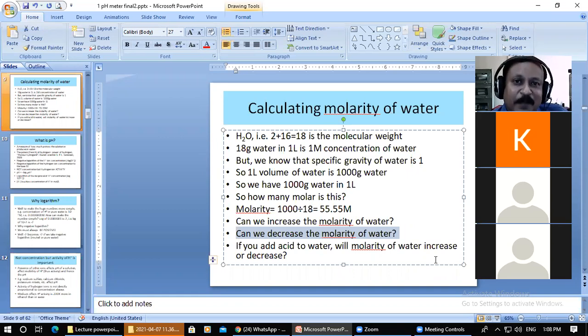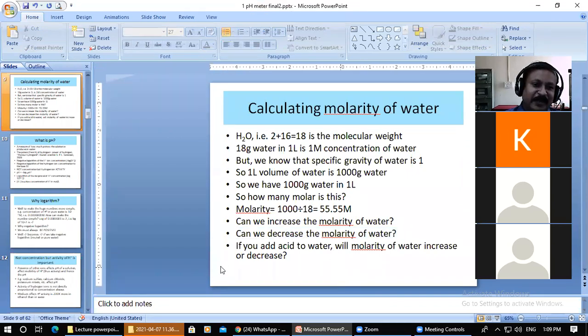If I make the water impure, then it is as good as saying that the water is dilute. So if I add some miscible liquid to water, then water will get diluted, isn't it? And if water gets diluted, the molarity of water will decrease. Is it okay? Yes, sir. Okay.